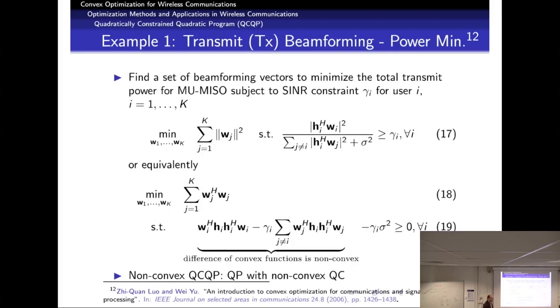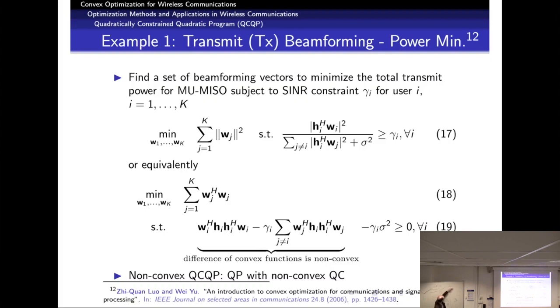Right, and this leads to our first example in communication. So this is now a problem that is very relevant for this scenario here. This is transmit beamforming in the unicast scenario.